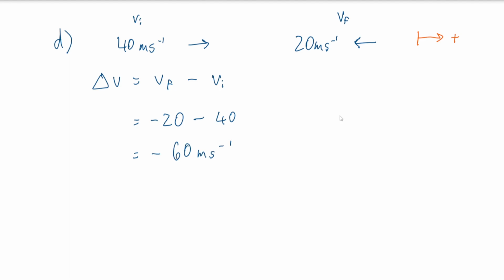Now, is that a vector? Yeah, it is. We have the magnitude, which is 60, and the minus tells us that the change in velocity is to the left. So let's think about that for a second. The change in velocity is 60 meters per second to the left.